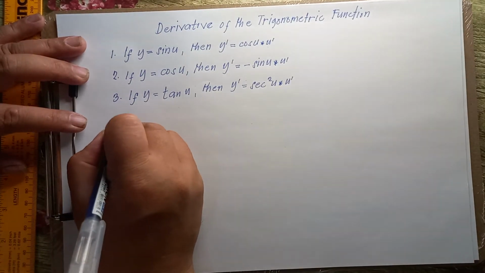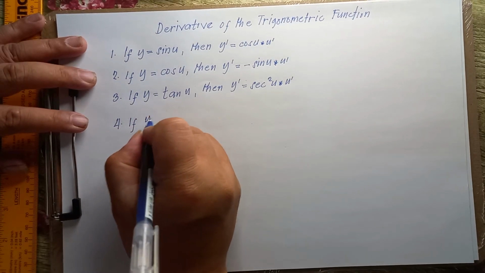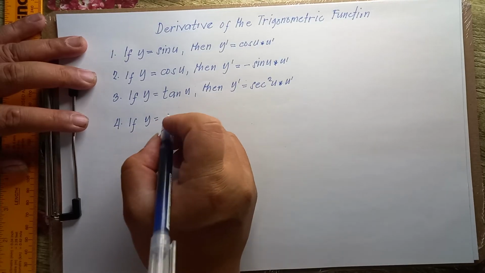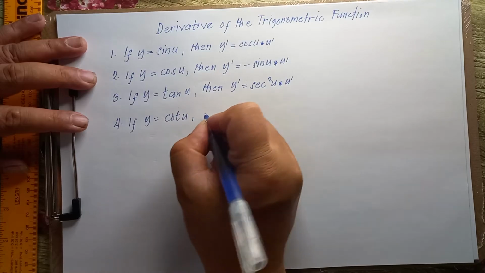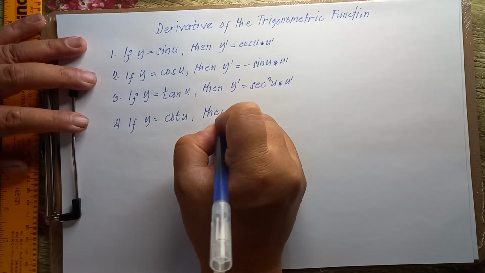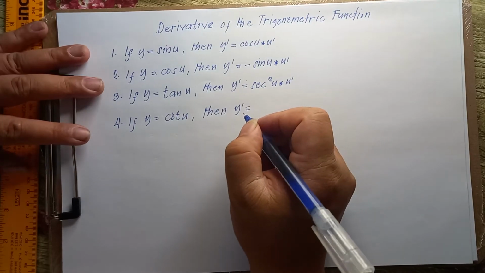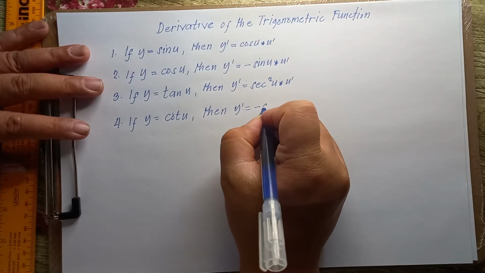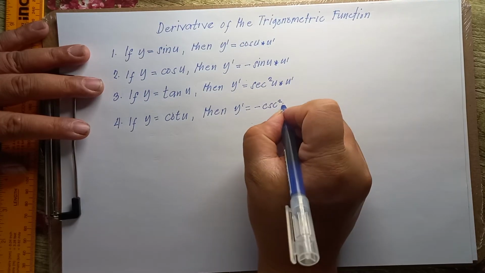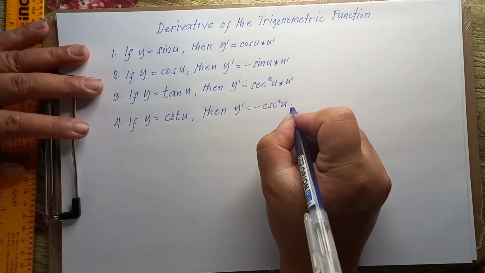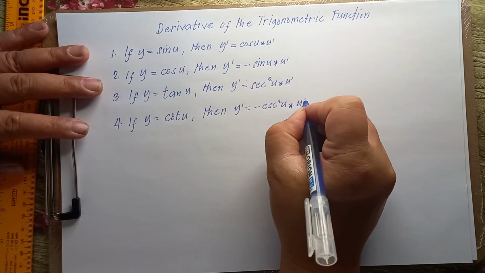Next, number 4. If our y is defined by cotangent u, then your y prime, or the derivative, is negative cosecant squared u times again the derivative of the u, which is u prime.